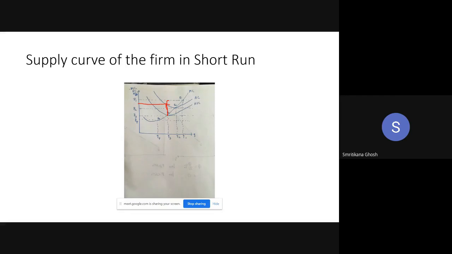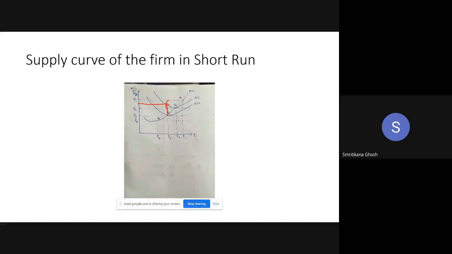Now look, if the price is less than P4, the P4 is here. Now what will happen? Equilibrium is at E4, the quantity is Q4. Now for Q4, P4 is your average revenue, and your average cost is here.